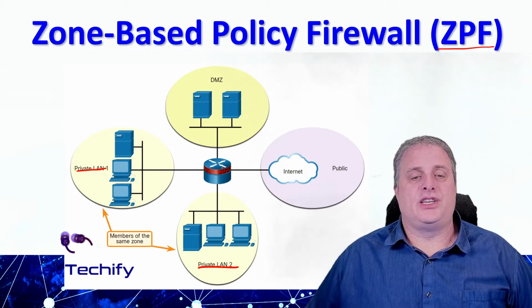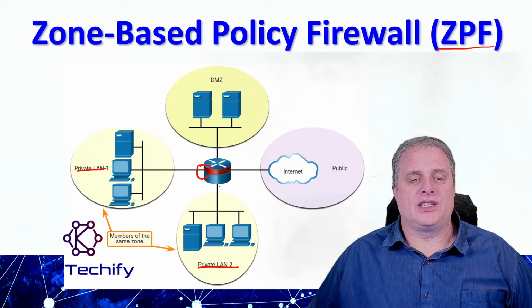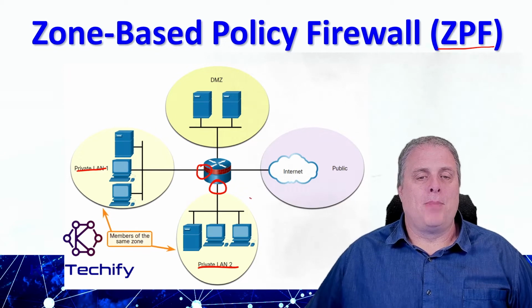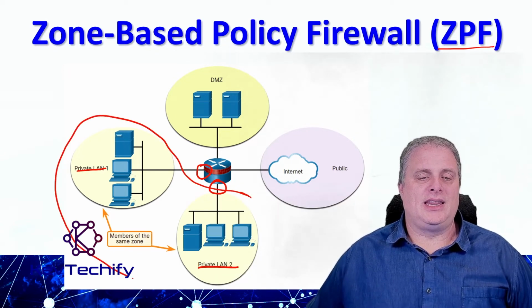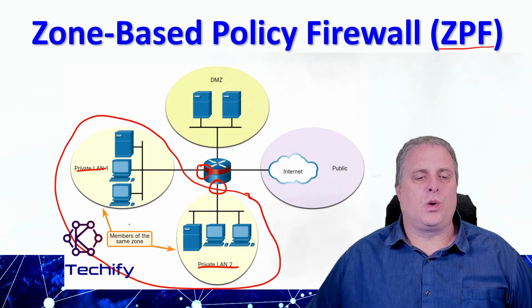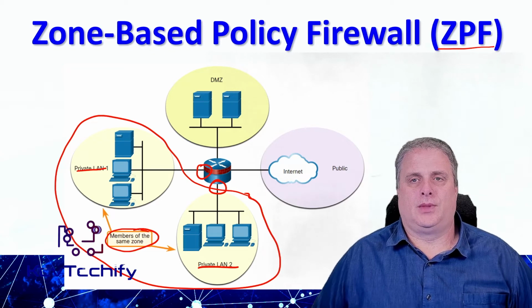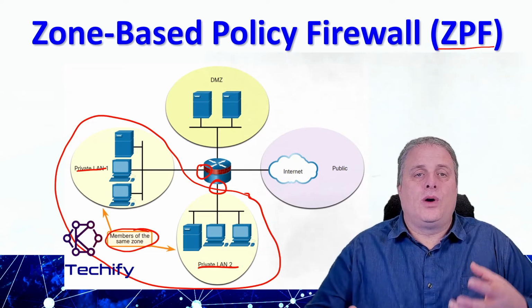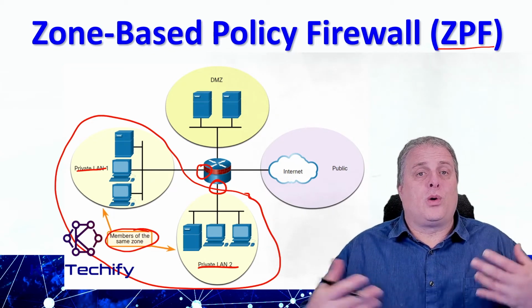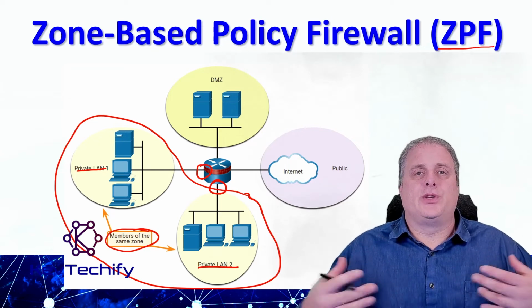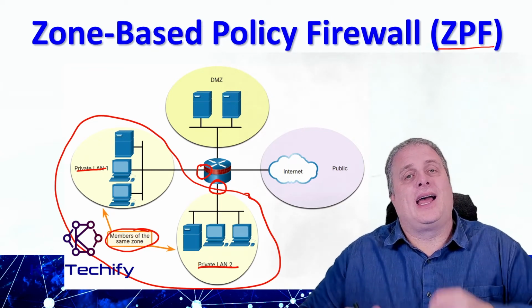They connect into two different interfaces, but in zone-based policy firewalls, you can connect these into one zone. So these are members of the same zone. Zones help you specify where the IOS firewall rule or policy should be applied. So you apply it to the zone and not to the interface.